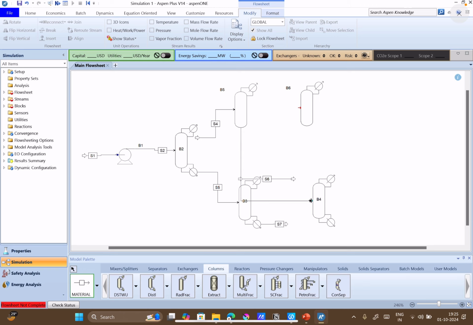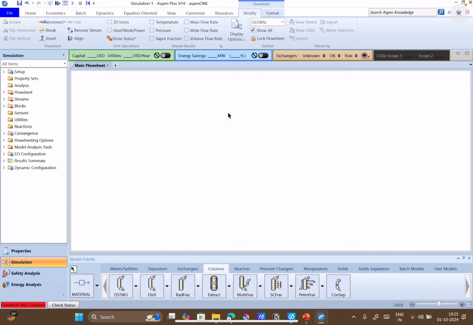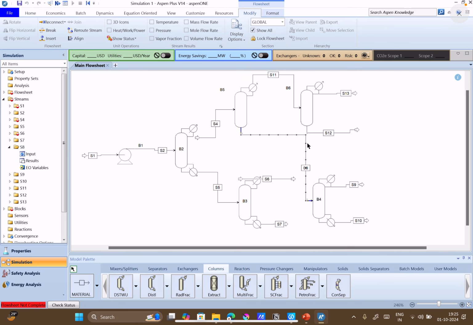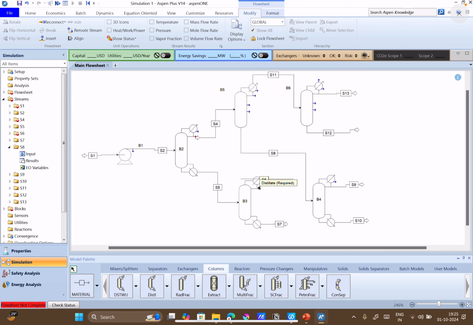This goes to the third column. From here again we have distillate and bottom. The top vapor goes to here. Okay, so this is how your process flow diagram should look. Let me slightly modify it for better representation. Reconnect source, it's coming from here.